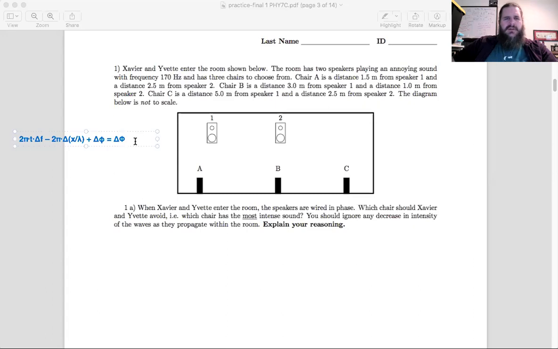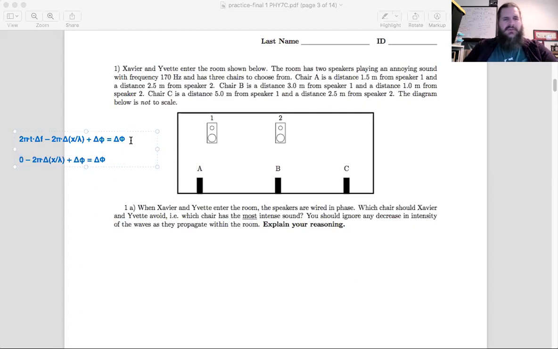Are there any terms in this that we know we can ignore? Yeah, they're the same frequency, so delta f is 0. And yeah, we can just leave out that entire first term.